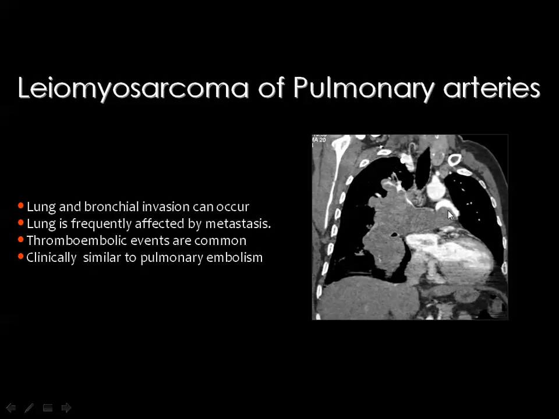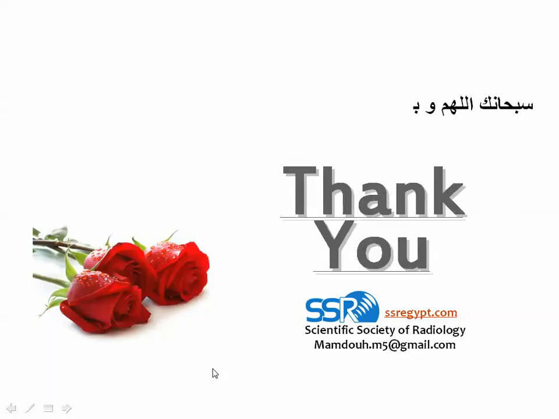You got a massive soft tissue mass involving the pulmonary artery and extending along its branches, forming a bulky tumor, which in this case should make you suspect the possibility of leiomyosarcoma, and you may have PET scan, you may have biopsy, CT guided or endoscopic guided biopsy to confirm the diagnosis.